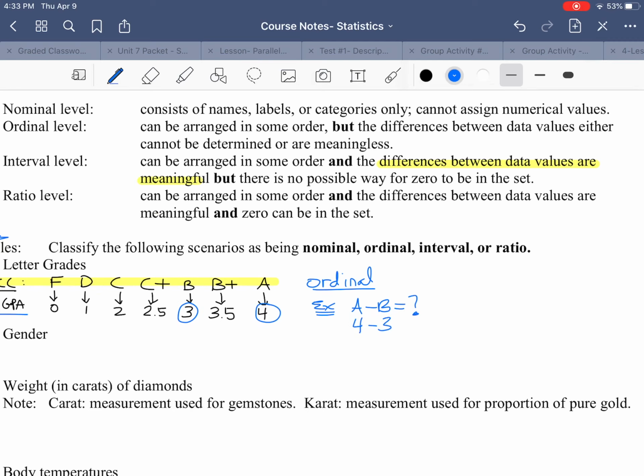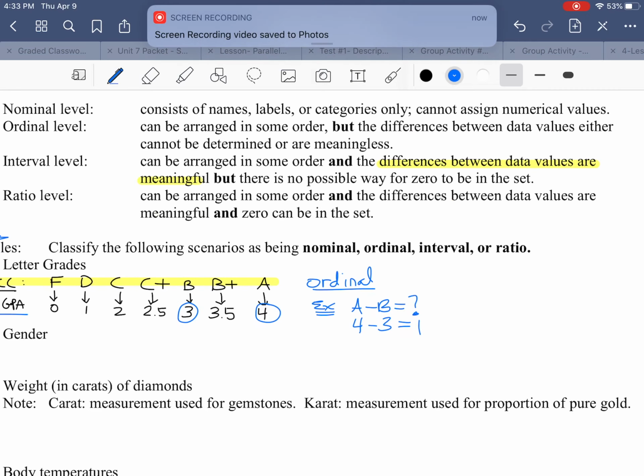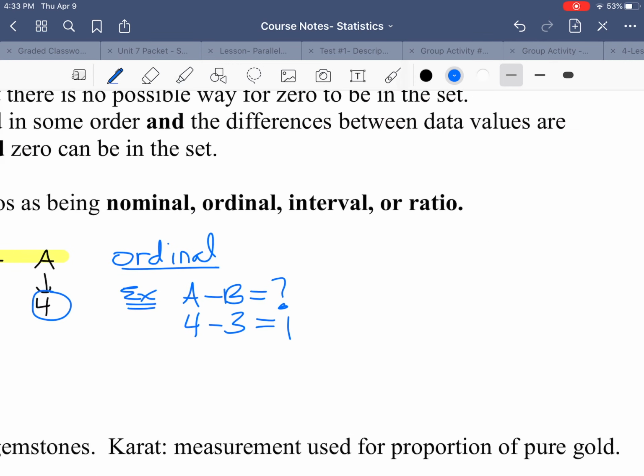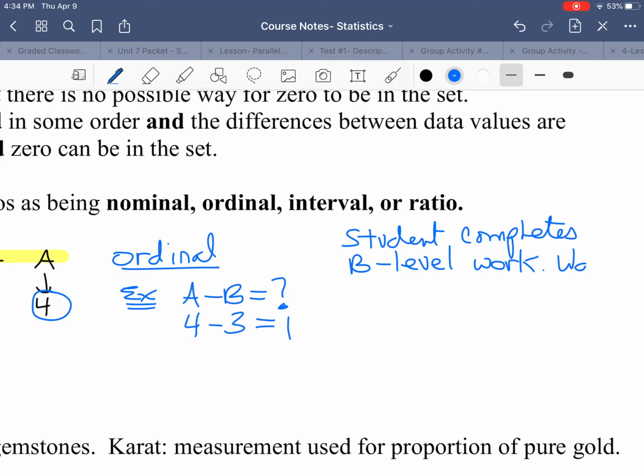So you may look at it and say, well, if I'm assuming the GPAs, 4 minus 3 equals 1, all right, I can find the differences. But then the question becomes, does that difference have meaning? All right, so now you can make further assumptions, but here's what I'm assuming. So student completes B level work, wants an A in a class.